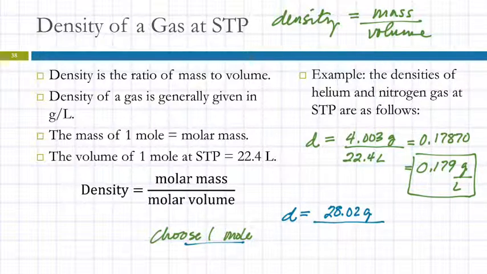It's the number of particles. And the volume is also 22.4 liters because we are at STP.